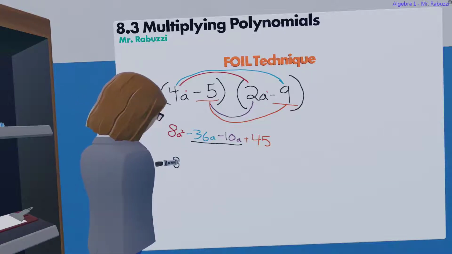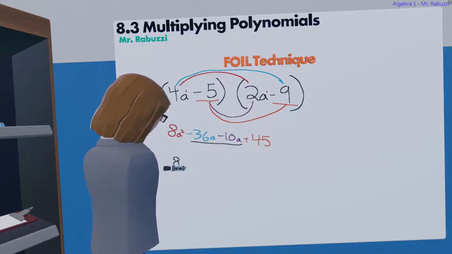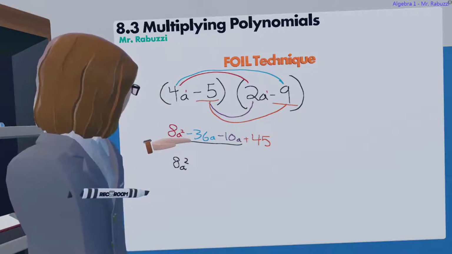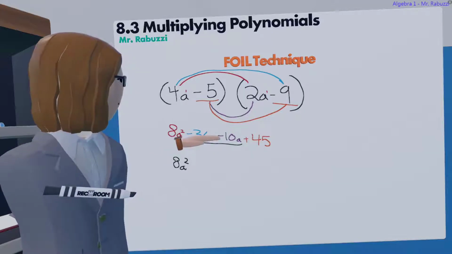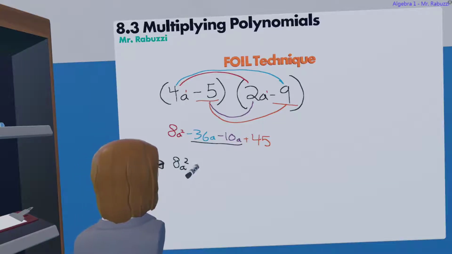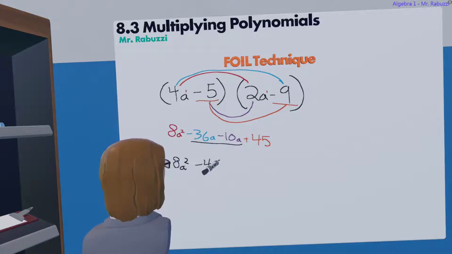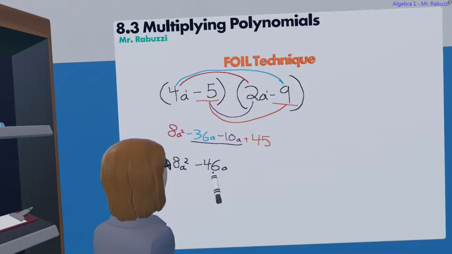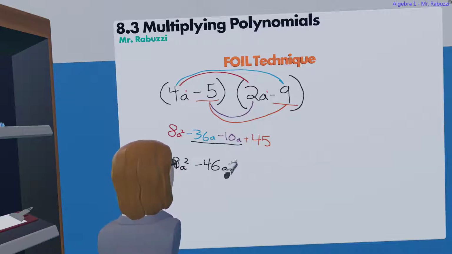So 8A squared. Now let's check. Negative 36 minus 10. That's going to be negative 46A. So then we squish those two together by subtracting them. Well, combining them. In this case, it was subtracting. Sometimes it could be plus. And at the end, we had plus 45.